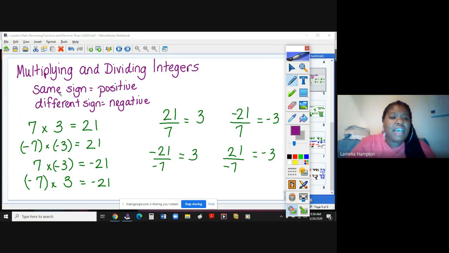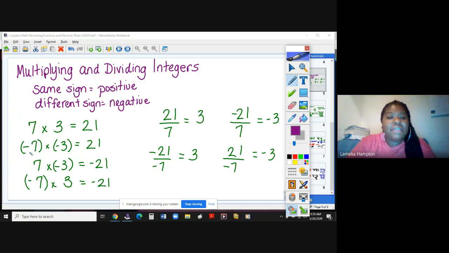When you have the same sign, meaning if both numbers are positive or negative, your answer will be positive. For example, here, I have a positive 7 multiplied by a positive 3. That gives me a positive 21. No biggie. 2 positives multiplied together give me a positive, no problem.